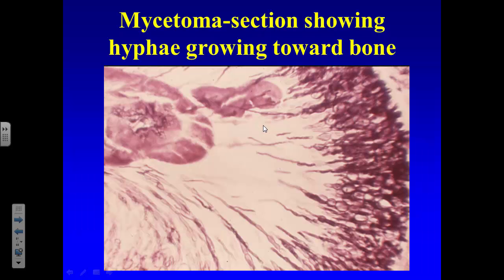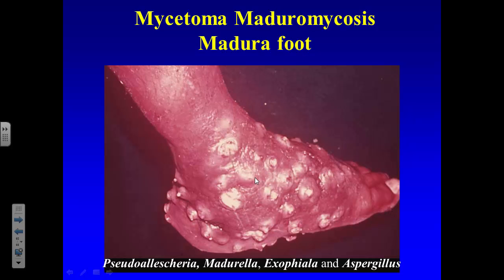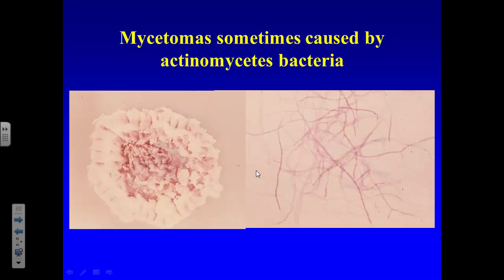Now, very often these lesions are superinfected with actinomycetes, and it's important to characterize the organism that's causing the lesion, because if a mycetoma is caused by an actinomycete, it's a bacteria, and it needs to be treated not as a fungus but as a bacteria with conventional antibiotics.